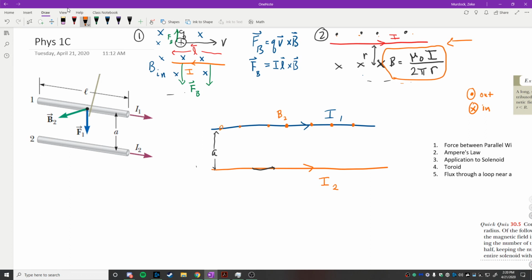It's a distance a away, and that a is going to be this r that shows up in the denominator for this equation. So B2 is equal to mu naught multiplied by the current, I2, all divided by 2 pi multiplied by a. That's the magnetic field at that location.